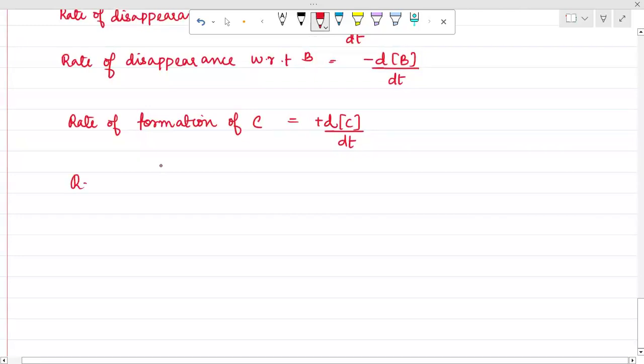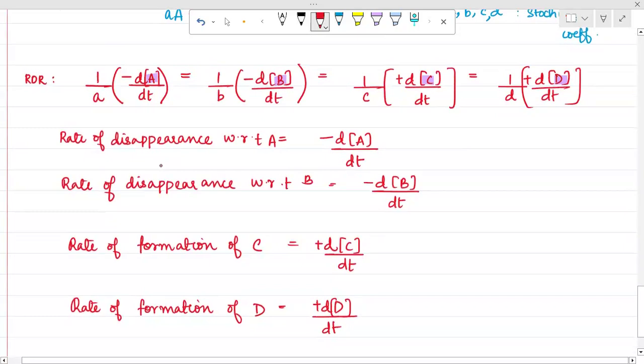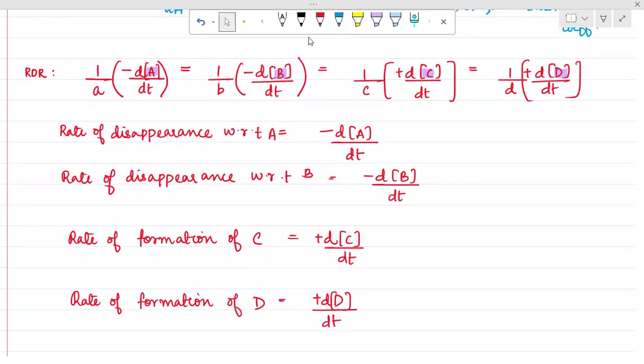And finally, you have the rate of formation of D. Again, it's on the product side, so it is d[D] by dt. That's it. So you have to have a very good understanding of the difference between rates of the reaction and rates of disappearance and formation of each of the species.